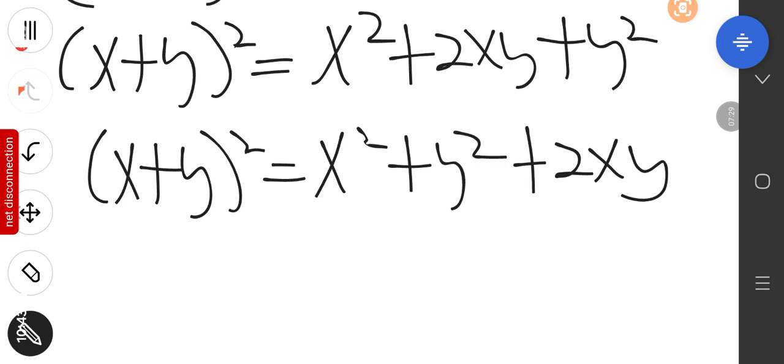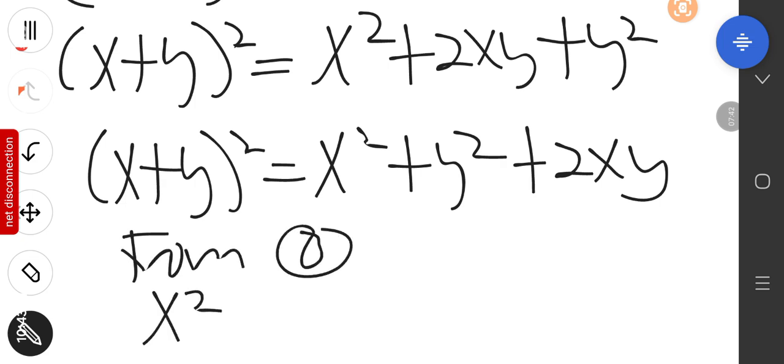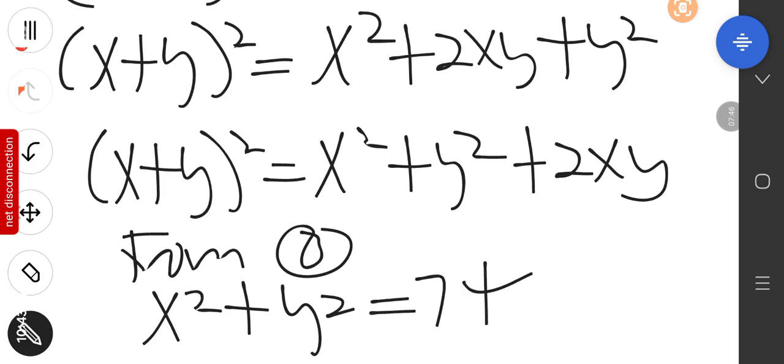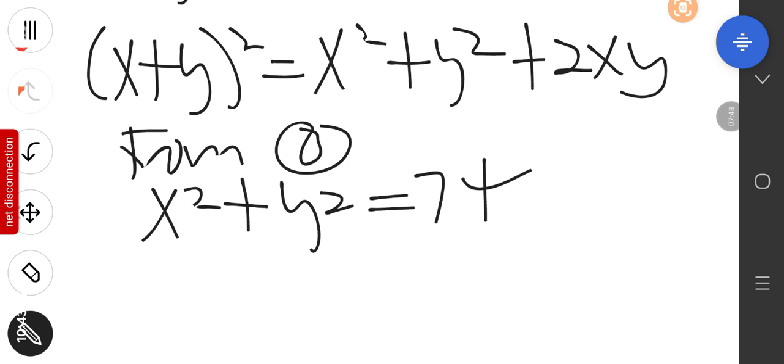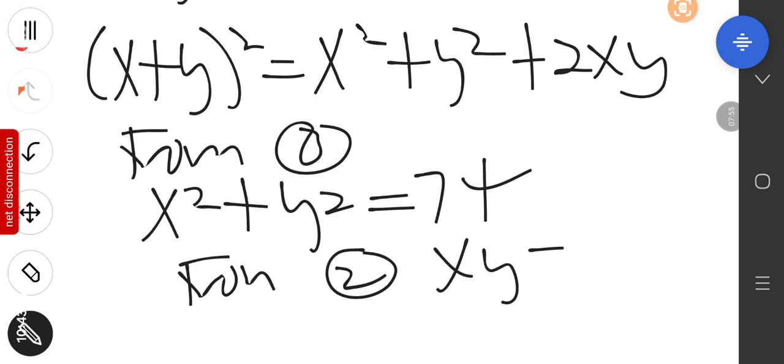So we're going to write 74 plus, now from equation 2, xy gives us 35.